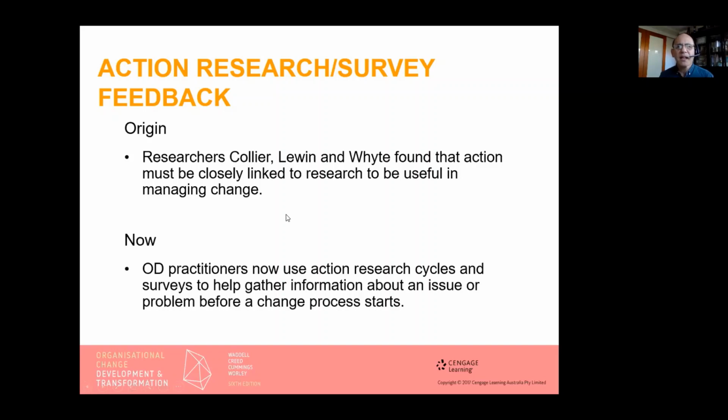So what do you mean exactly by linking action with research? Well, it really means that before you take an action, you do a survey and find out first what needs to be done. Each situation is different, so you want to know what the actual situation is before you try to implement change.